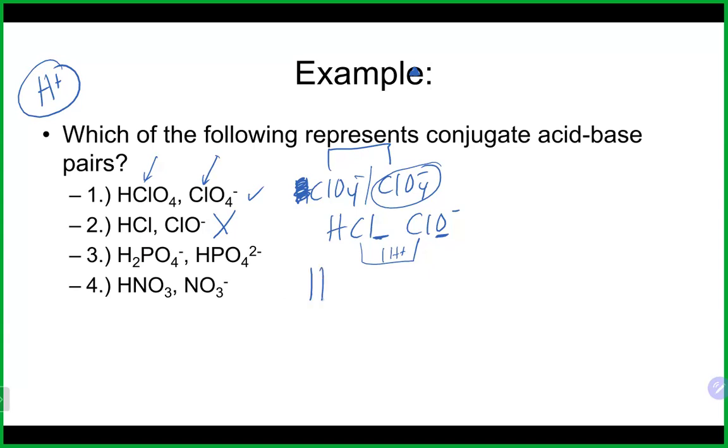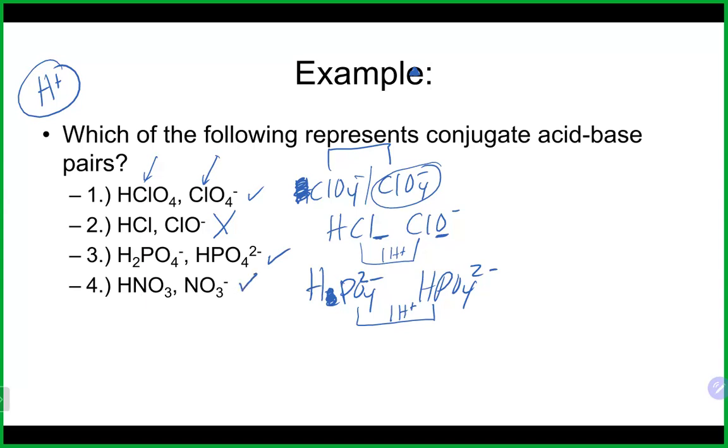Here we have H2PO4 minus and HPO4 2 minus. The difference between these two is 1 H plus. However you want to look at it, you get rid of an H here, leaves you that, and one more H getting rid of, which is a positive, becomes one more negative, and now we got the guy on the right. So they are related to each other. And how about the last one? Are they related to each other?